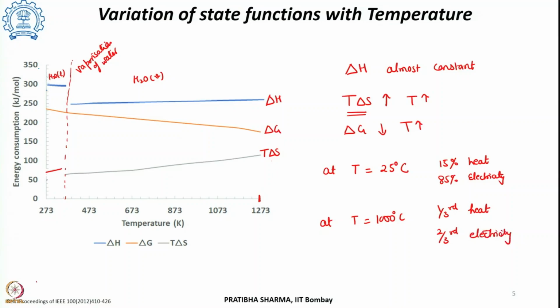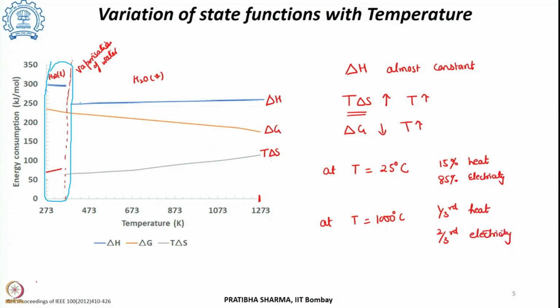This is the graph showing the energy consumption and temperature. The delta H value is constant throughout all temperatures. This is the vaporization of the water zone.